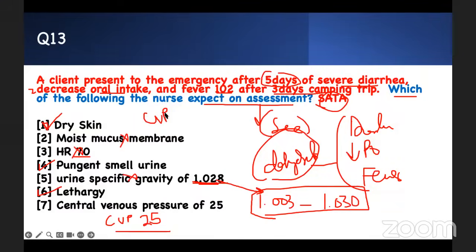The CVP indicates fluid status. If the fluid status is low, do you expect the CVP to be high? No. Normal is 2 to 8. This is almost 3 times normal. You don't expect this. So 1, 4, and 6 are your right answers.